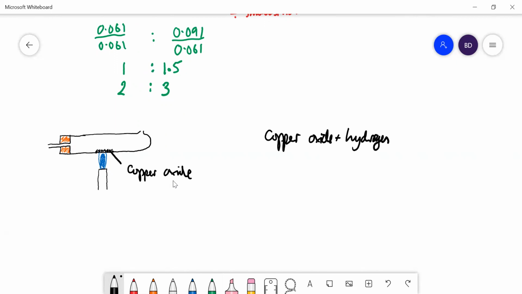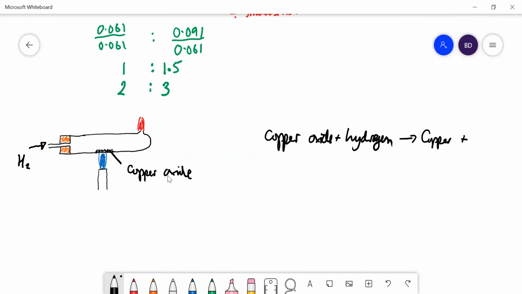You pass a stream of hydrogen here, H2 gas, and you actually light it there, and you burn off the excess hydrogen, a little flame, because you don't want the hydrogen just escaping into the room. It would be dangerous.